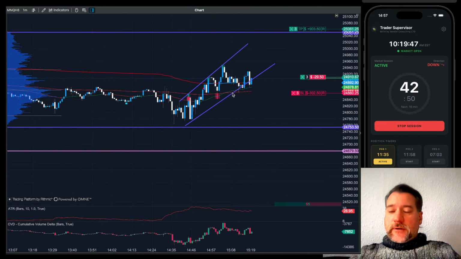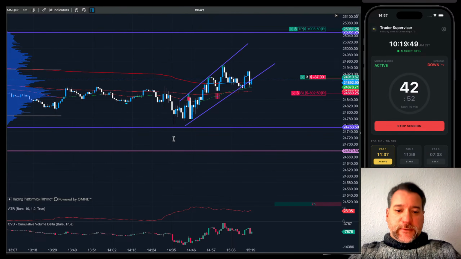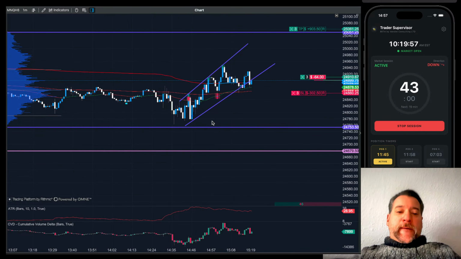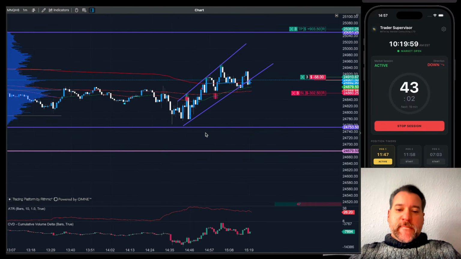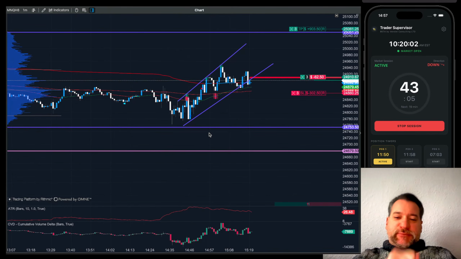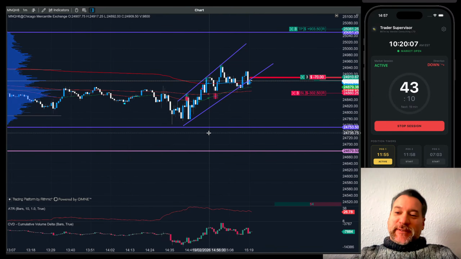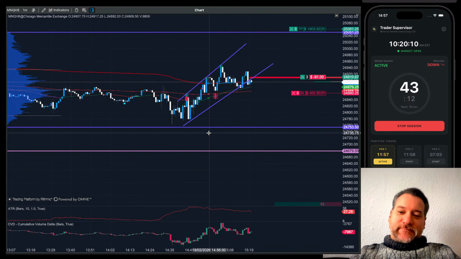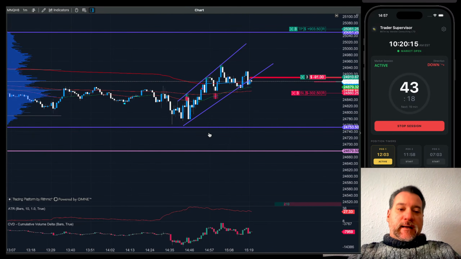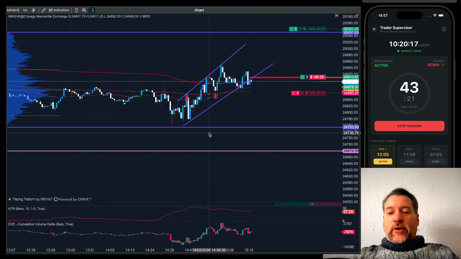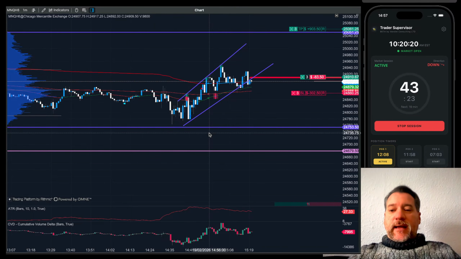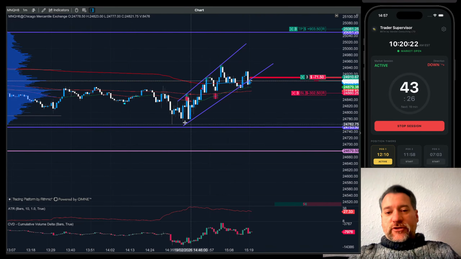So I'm looking for any news events taking place now, and I don't see anything like those. President Trump speaks at 9 p.m. I don't want to be in the trade during that time. We are still in the trade after the last 12 minutes. And how's the price action going?